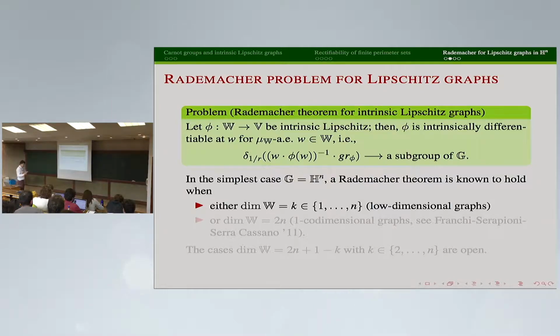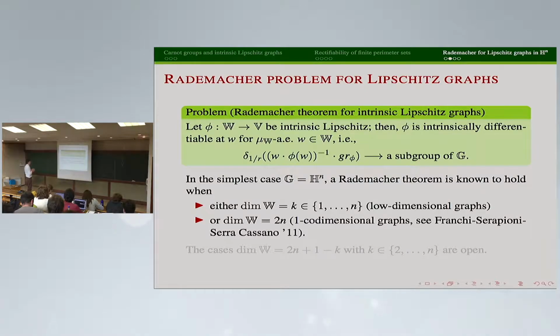Such a W exists only if its dimension is at most n. Actually, in this case the Rademacher theorem is easy, because graphs from such a W to the complementary V are Euclidean Lipschitz, and so they are rectifiable.